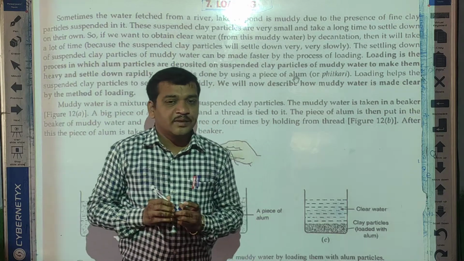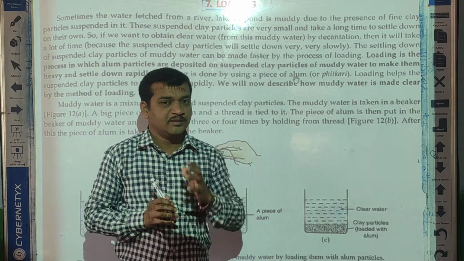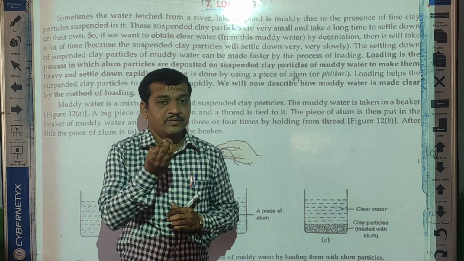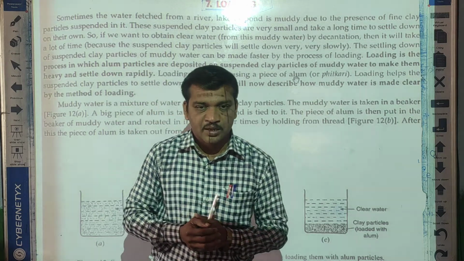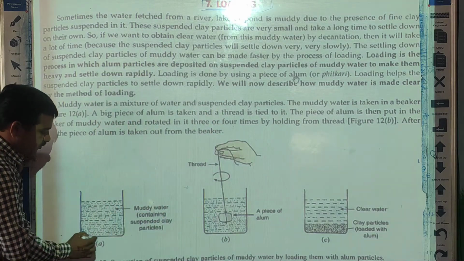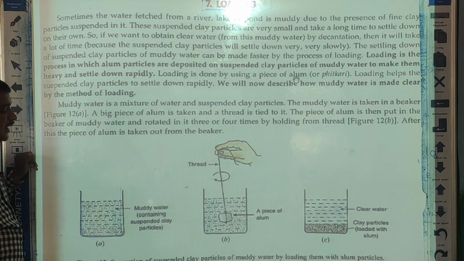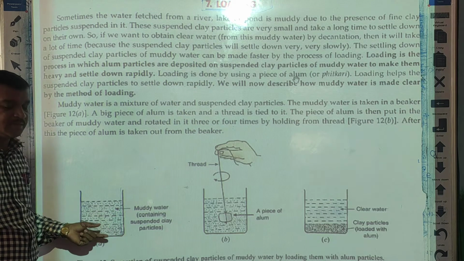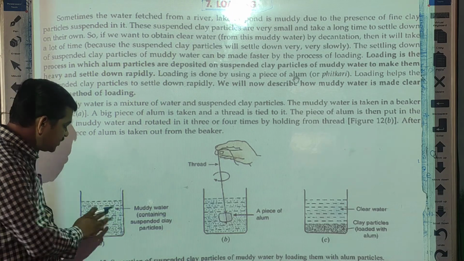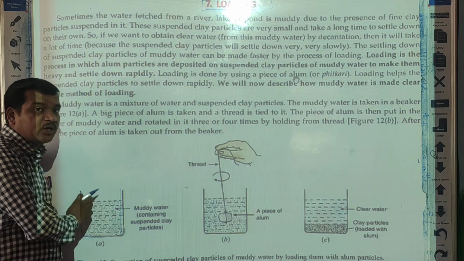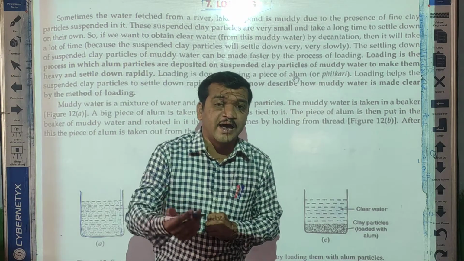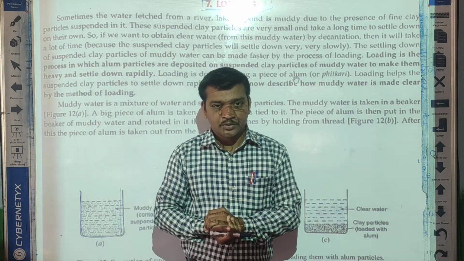Whatever the clay particles are there in muddy water, these clay particles are very light in weight, and all these particles are suspended in water, and they take more time to settle at the bottom.